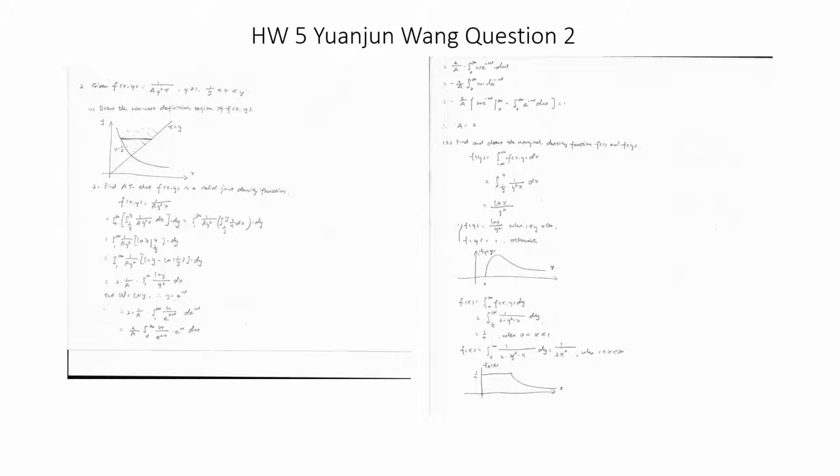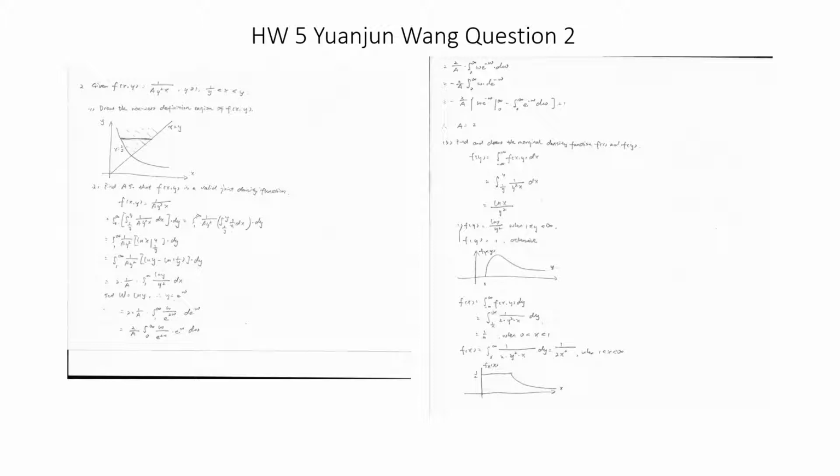Then we put the negative out, so we get negative 2 over A times the integral from 0 to infinity of w times d e to the negative w. We know this is equal to 1, so obviously A is equal to 2.